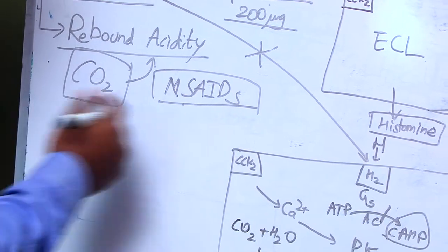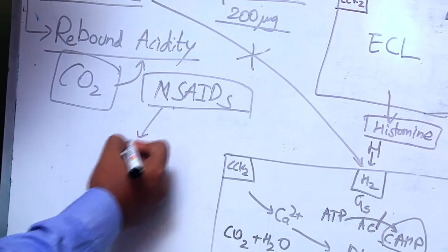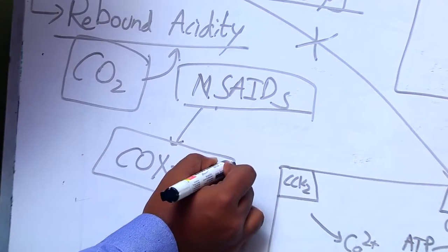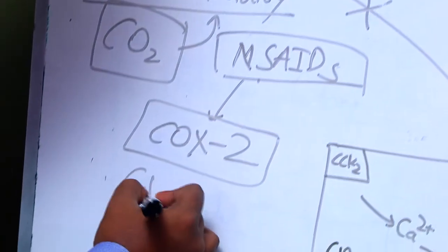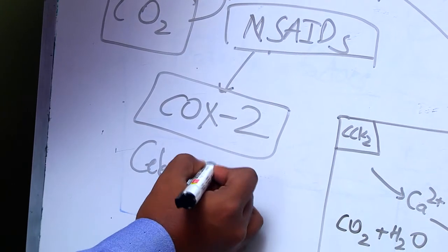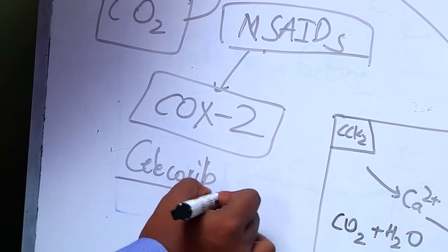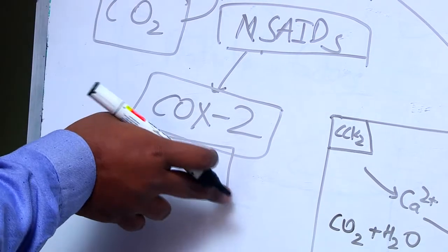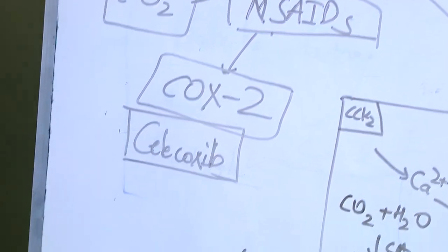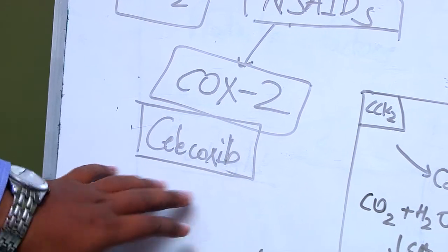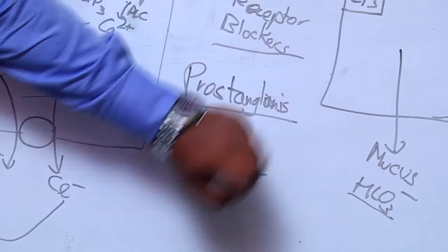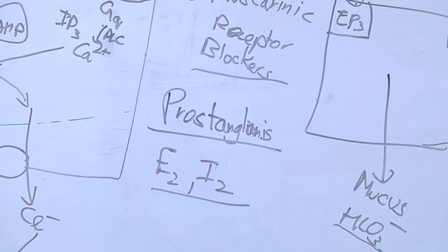Hence the individuals who were on NSAIDs switched over to new drugs called COX-2 selective inhibitors like celecoxib and other coxib drugs, but still they reported increased incidence of peptic ulcer. Hence, no drug can provide complete function of prostaglandins innately in the body, including misoprostol.